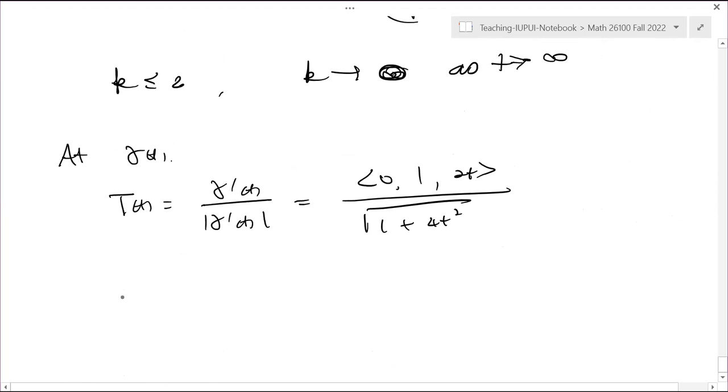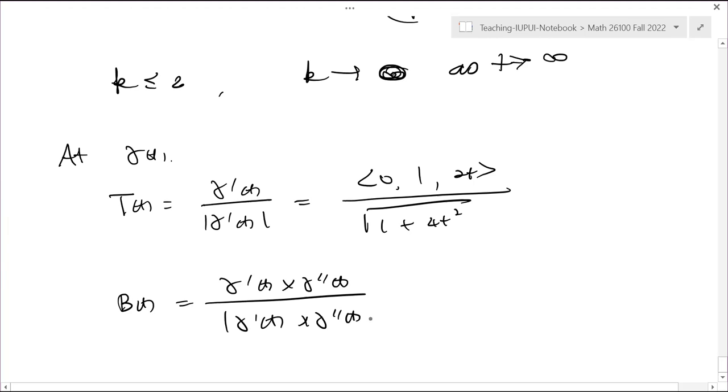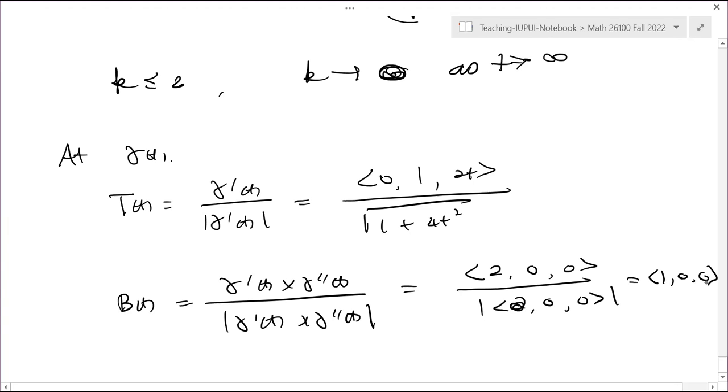Okay, I also find it's difficult to find N, but I can find B. Using that, you can find N. Okay, B is going to be the unit vector of this. So it's just 1, 0, 0. So B is simple, just constant.